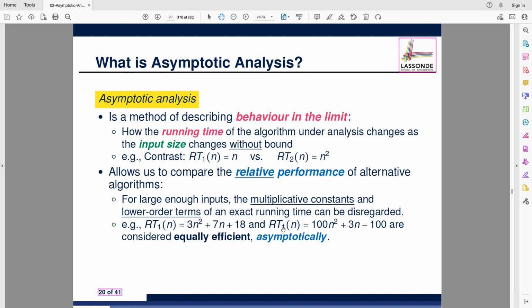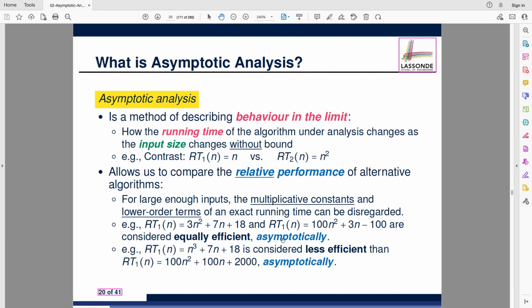What would be the highest power over here by dropping everything else? N to the power of 2. Agree? Okay. What about this one here? Also, n to the power of 2. You drop the multiplicative constant, you drop the lower terms. You only have n to the power of 2 left. So after dropping everything that's irrelevant, we have n squared versus n squared. So that's why they are equally efficient asymptotically. It's important to add that context.